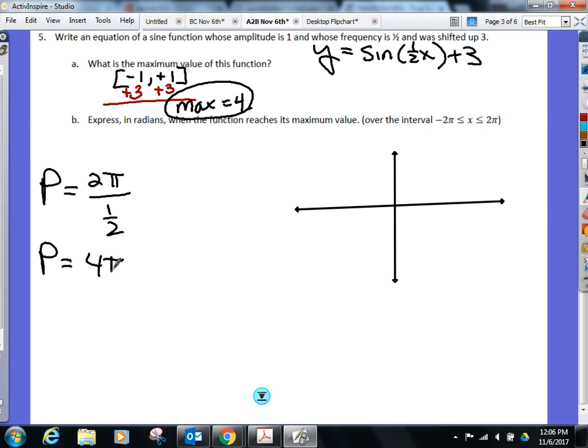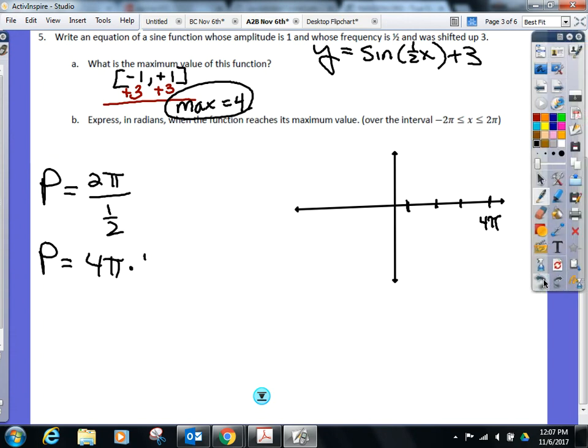It would be 4 pi. Now, that's what you end with, not what you go by. How do I figure out what I go by? I cut that 4 pi into 4s. So divide by 4 or multiply by a 4th.